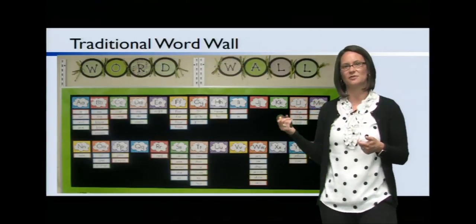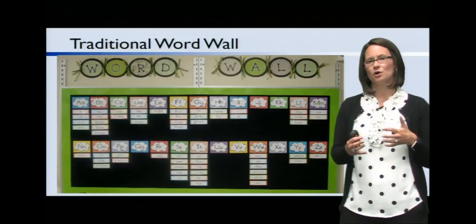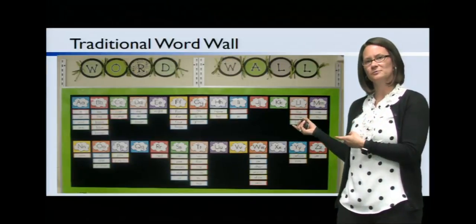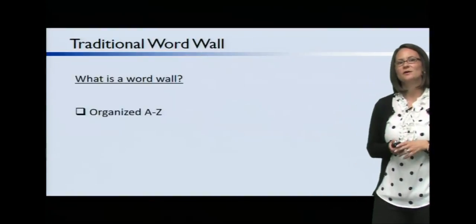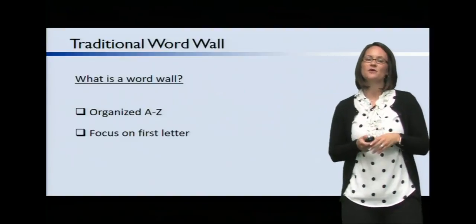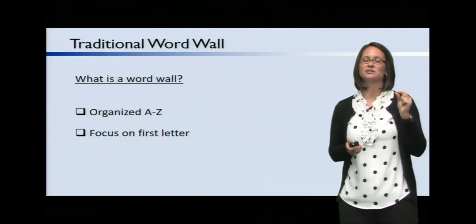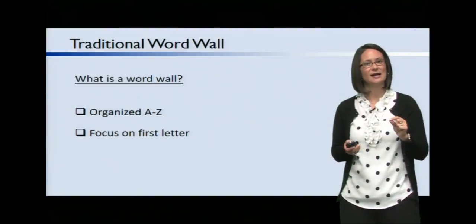This word wall is set up by the first letter. So if you're a first grader who doesn't know how to spell a word, is the word wall going to help you? Not so much, no. A word wall is set up going A to Z in that alphabetical order, and it really focuses on the first letter that the word is written with or printed with. So it's really talking about the spelling, not the sound.